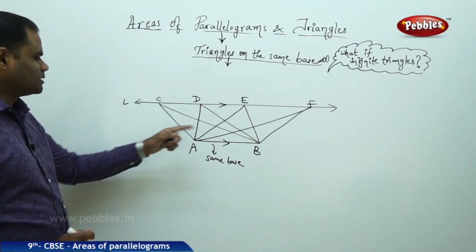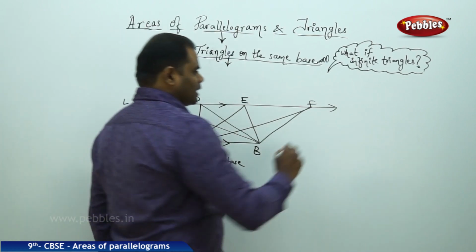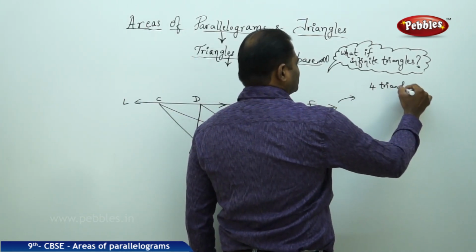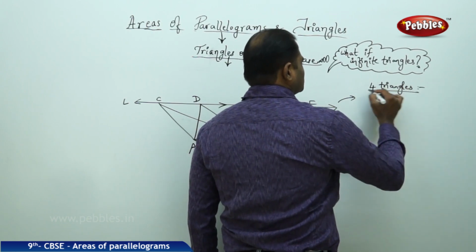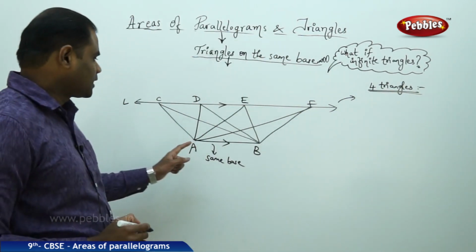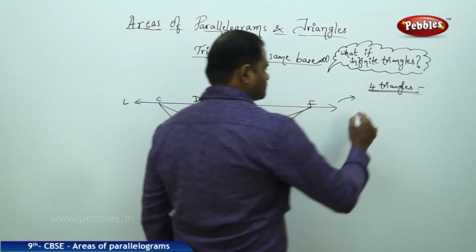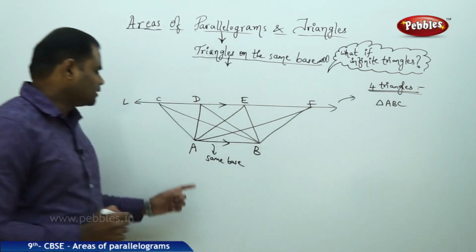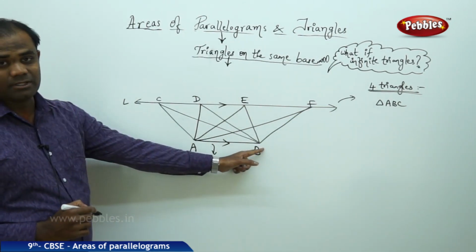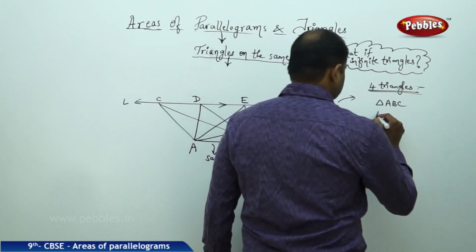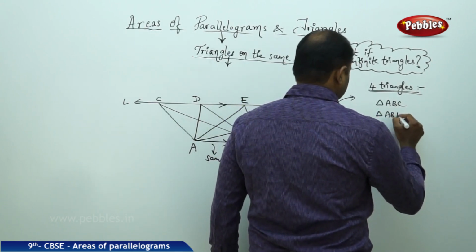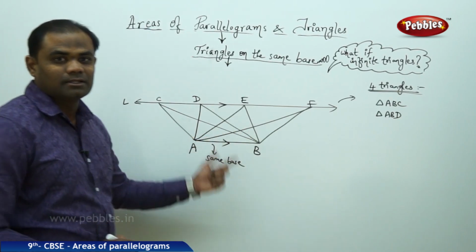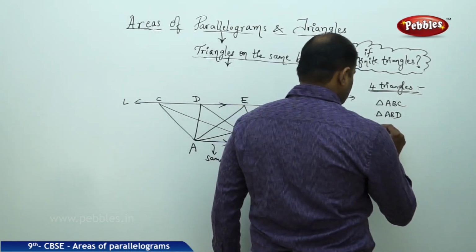The first triangle is ABC. So totally I have 4 triangles which are taken with the same base to be listed out here. The first triangle is ABC. And the second triangle is ABD, as can be seen in the diagram. And the third triangle is ABE, as seen out here.